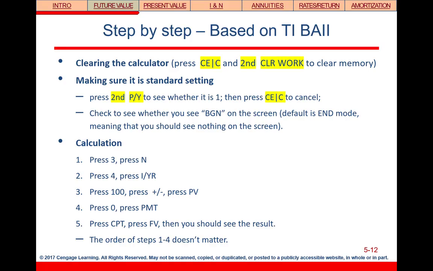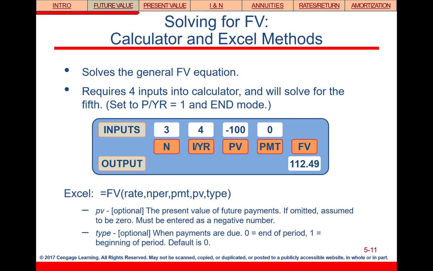You see plus slash minus, that's the negative sign. Press it once and then you see negative 100 on your screen. After you see negative 100, press present value. Then you see present value equal to negative 100. And then after that is payment. Payment in this case should be 0 because it's a lump sum.